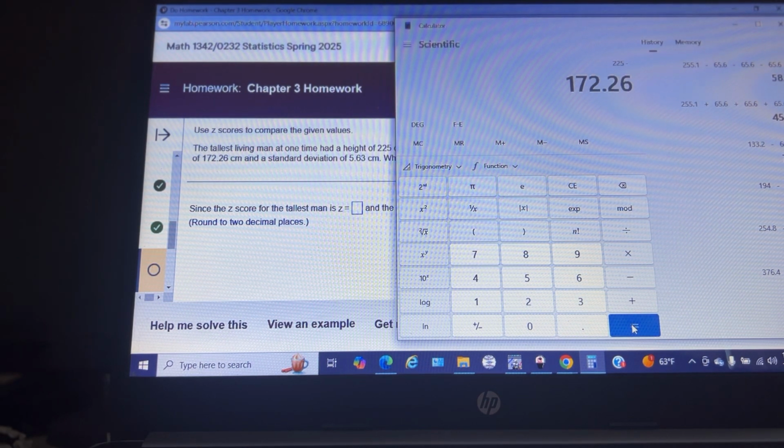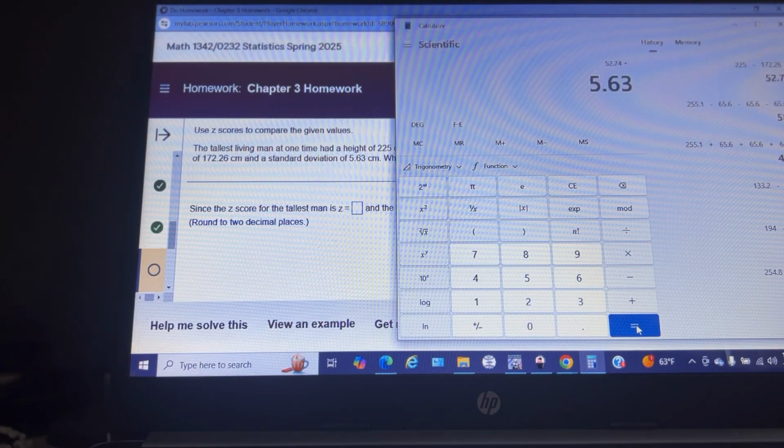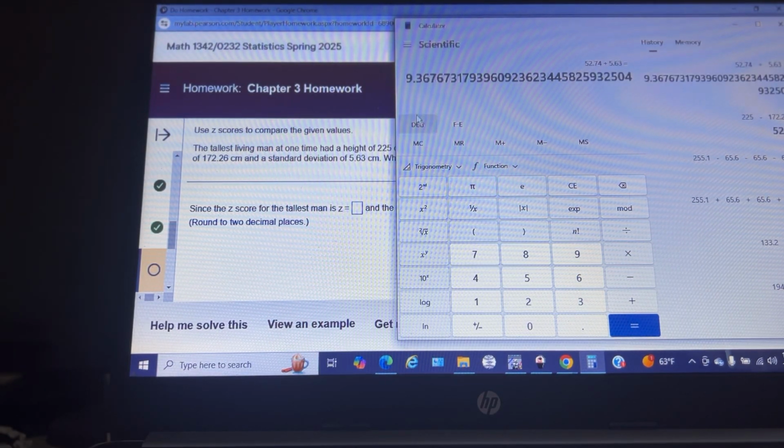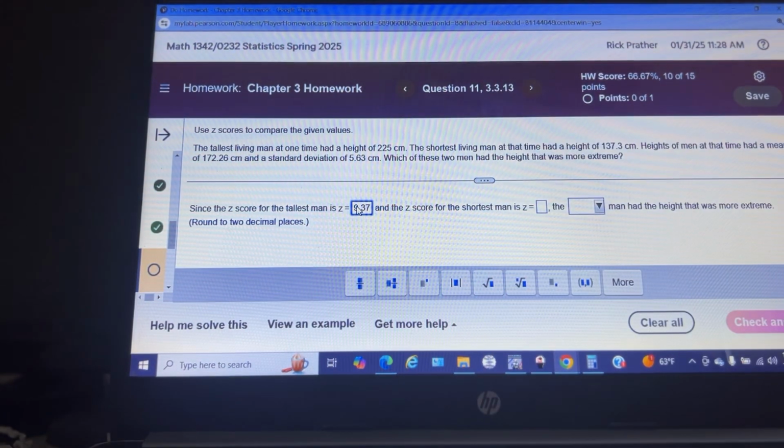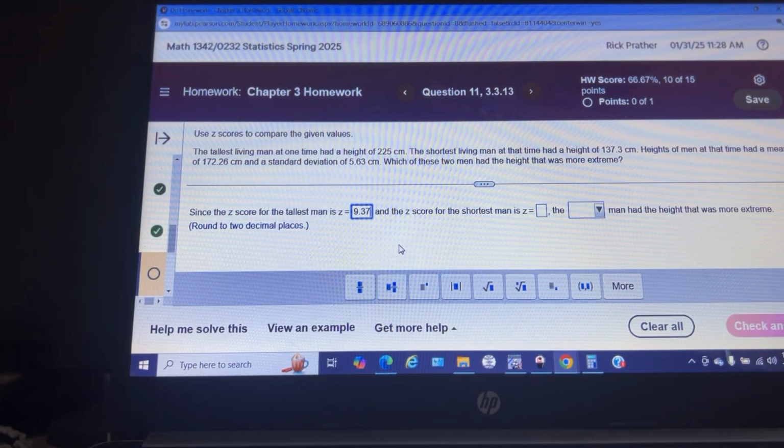Now, z-scores usually run between 3 and -3. 99.7% of us land within -3 to 3. This guy's so tall, he's going to be well over 3. He's got a 9.367 z-score. That's extremely crazy to go way past 3 like that. 9.37 if we round to 2 decimal places. That's way off the number line, way off the chart.